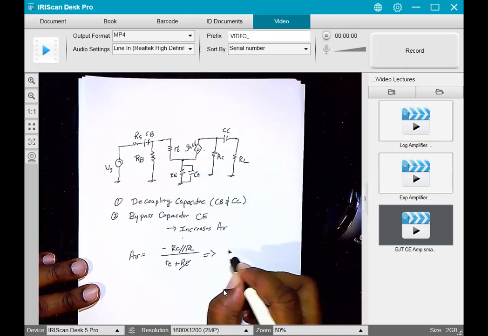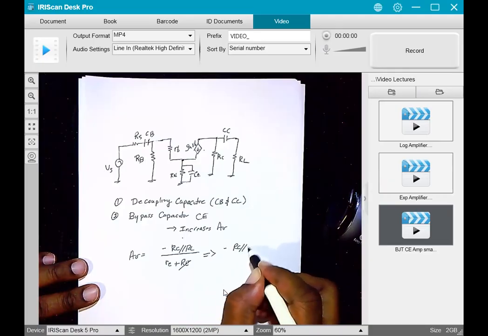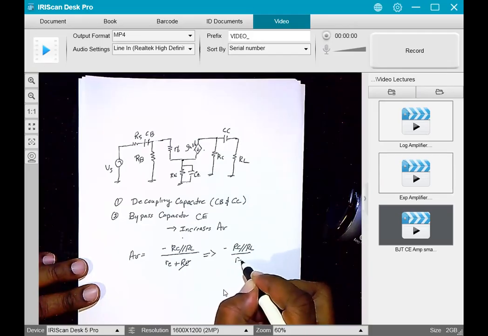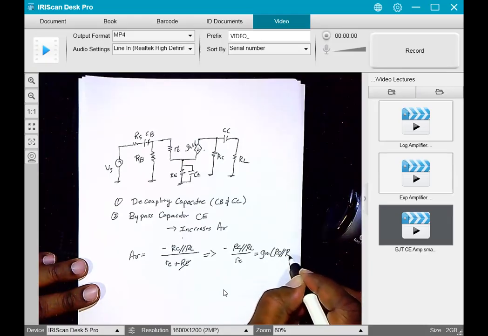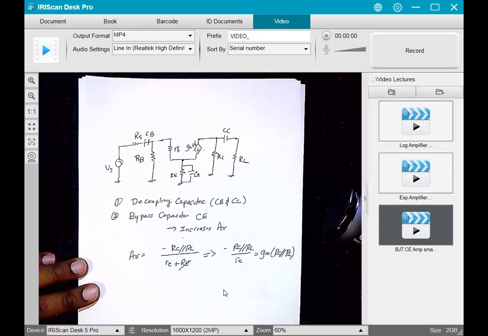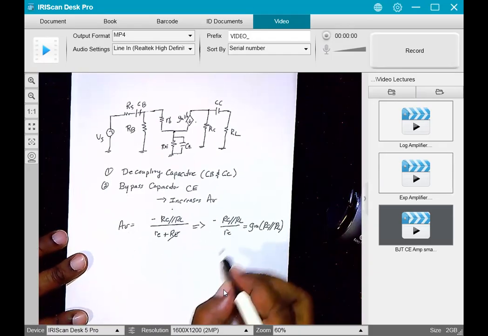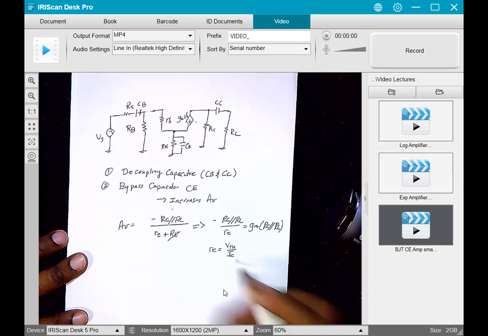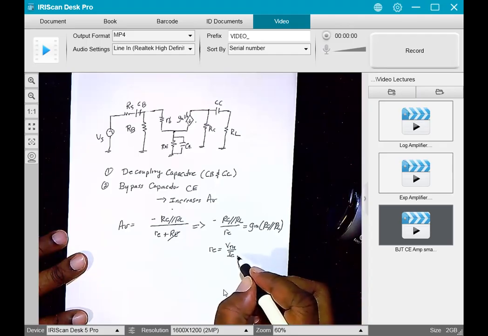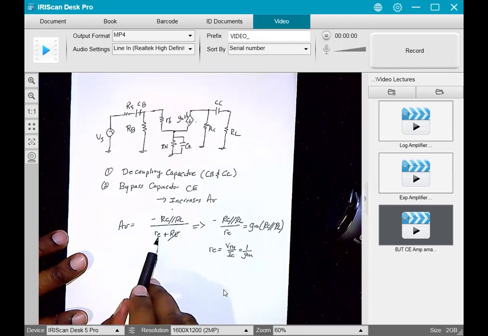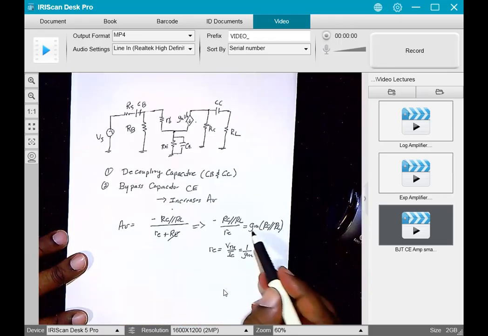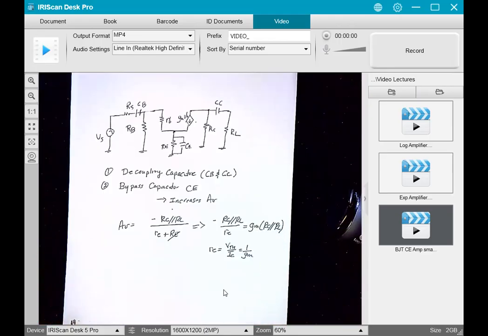And our gain becomes minus RC in parallel with RL over little RE, which we could also write as minus GM times RC in parallel with RL. And we can calculate our little RE, the thermal voltage over the collector current, so it's 1 over GM. So you can put a RE in the denominator, or you can multiply by GM here. It gives you the same answer.